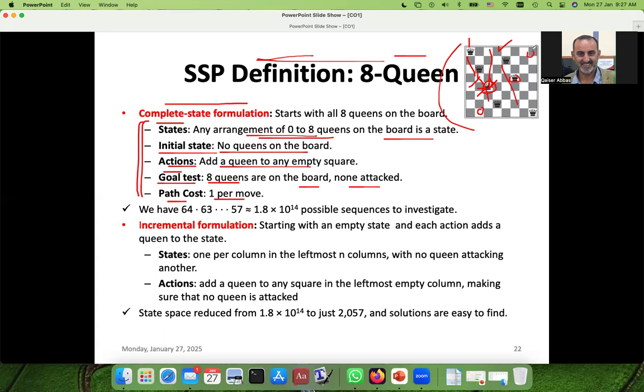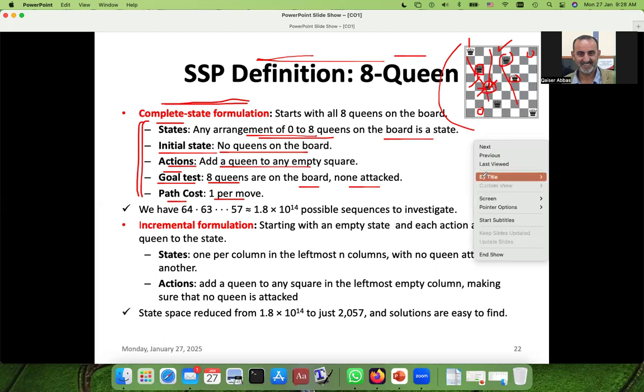So that would be a state. And then I will think, and then I will move another one here, or I will move another one here randomly. This would be another state. So here I am doing things randomly. So this approach has the title complete state formulation.